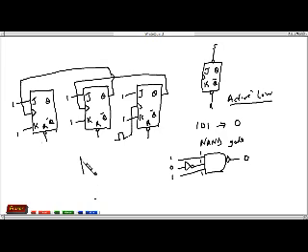So we will have our NAND gate. We have a NOT gate, and the output of the second flip-flop is going to be inverted.